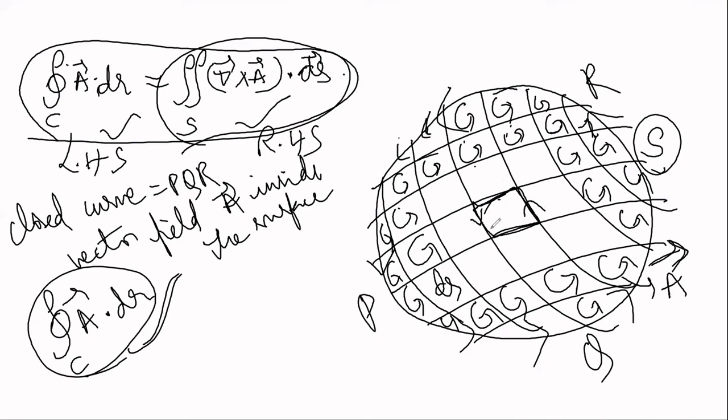Similarly for this surface dS, I have this way, this way, this way, and this way. For this plane also. For this surface, the vector's direction is this way, and for this surface, the vector direction is this way. These two will cancel. These two will get cancelled out. So I have 0 here.